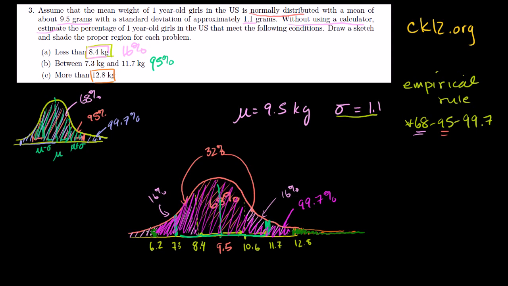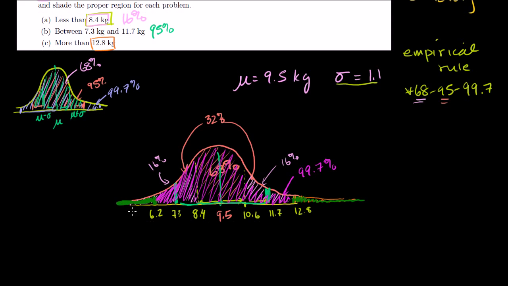And then you have the results that are less than 3 standard deviations below the mean, this tail right there. So that tells us that the results less than 3 standard deviations below the mean and more than 3 standard deviations above the mean combined have to be the rest. Well, the rest is only 0.3%. And these 2 things are symmetrical. They're going to be equal.